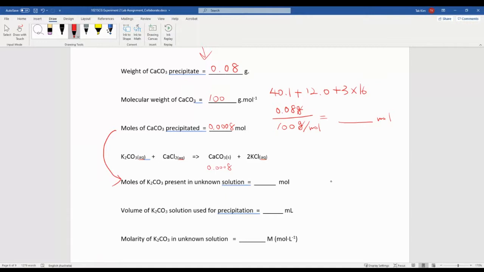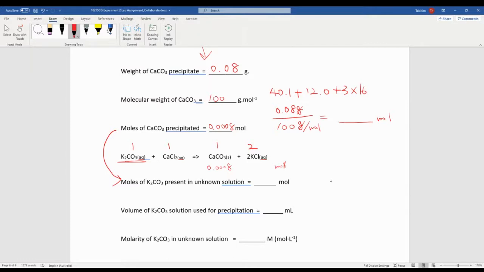It is asking the number of moles of your starting material over here. In this case, you will need to have a look at the stoichiometric ratio. So 1 mole of this one plus 1 mole of this one will make 1 mole of this one and then 2 moles of this one, right?